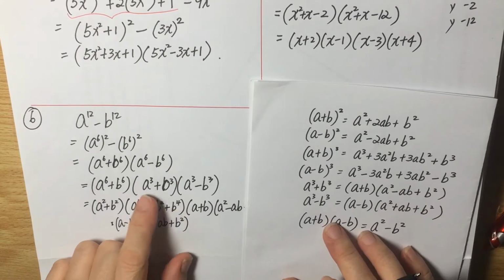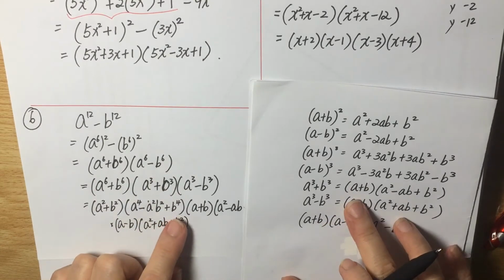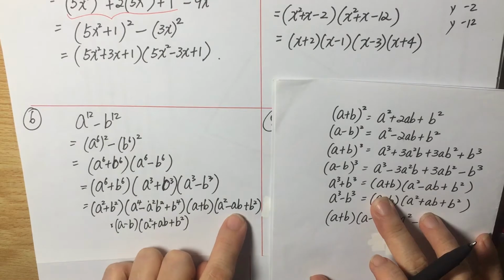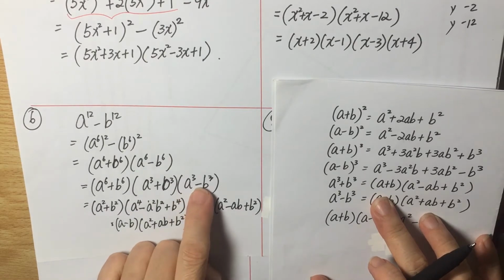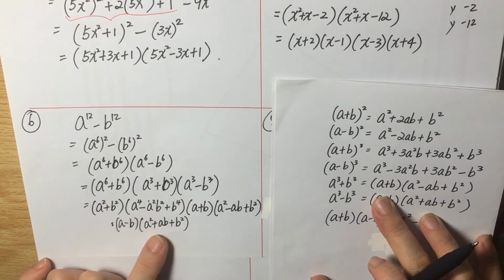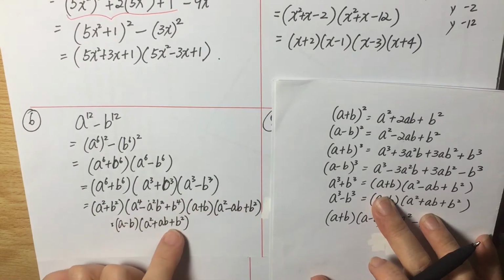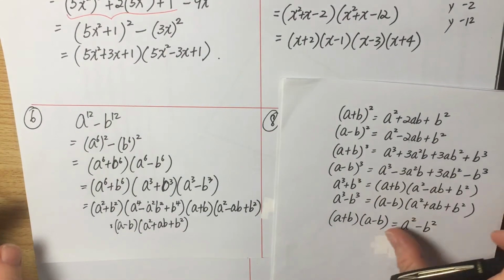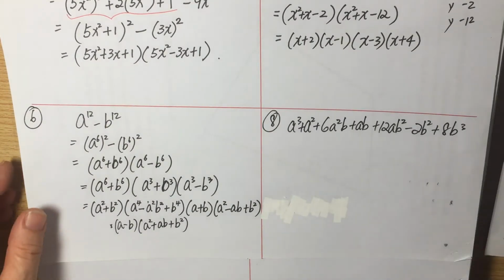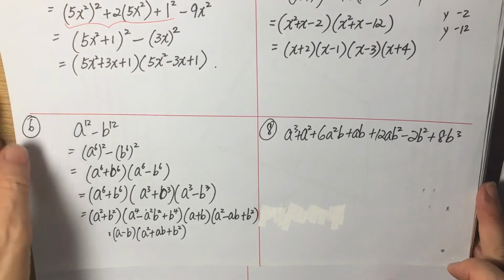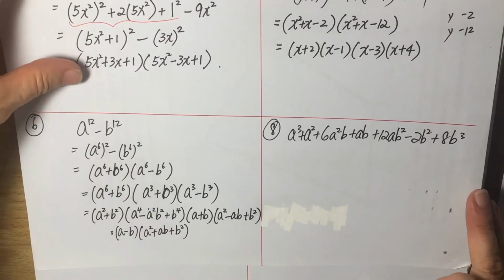And then the other one will also be the same. If this is plus, then the first one will be plus, the second one will be minus. And if this one is a minus, then the first one will be minus and the second one will be plus. So altogether you have 1, 2, 3, 4, 5, 6 factors. And all these 6 factors are unrelated, so you can't combine any one of them. So you will stop here.